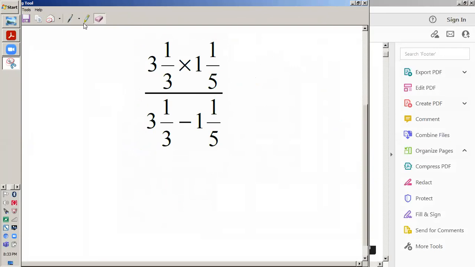Let's look at the top piece. What symbol is that, class? Multiplication. Remember, when we're multiplying, we cancel. Look at the bottom piece. What's that? Subtraction. So we want to find the LCM, not true?